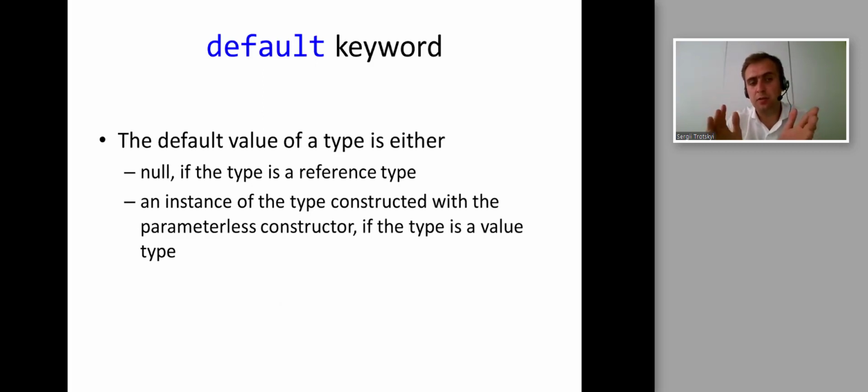In general, about the default keyword: the default keyword will return null if you have a reference object. And if you have a value type, an instance of the type constructed with a parameterless constructor will be assigned as the value.